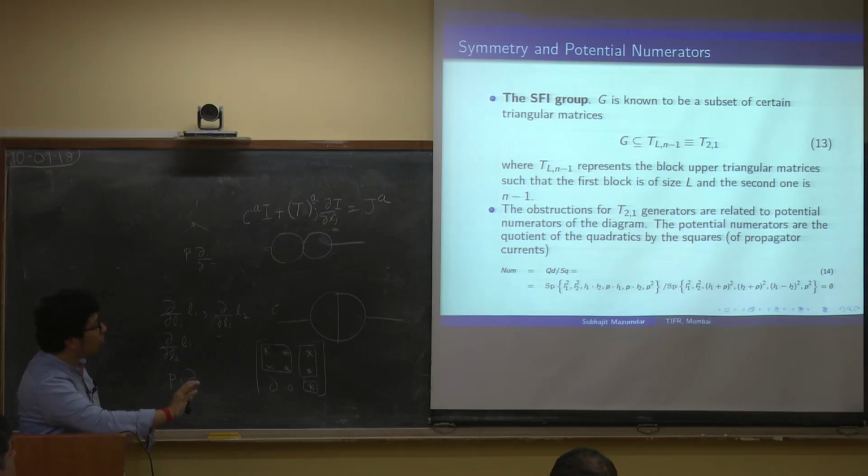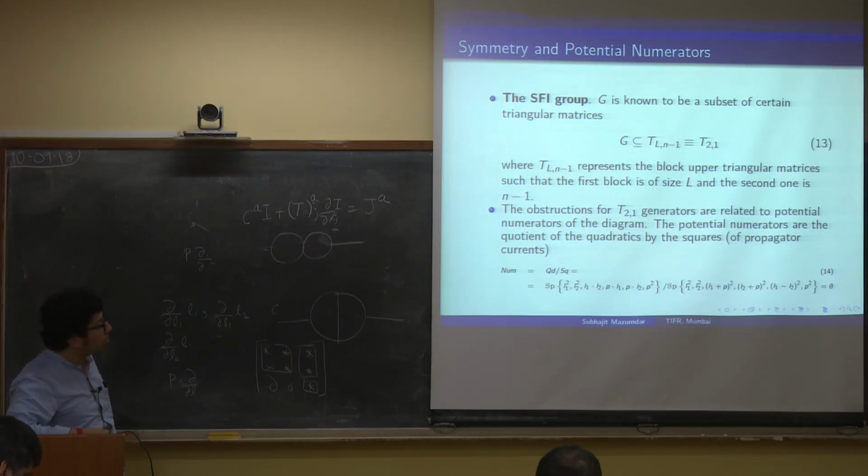No, not completely upper triangular, it is block upper triangular. This is what I am trying to understand. So the 2 cross 2 block can be anything. Yes. In the first 2 cross 2 there is a general block. And then the last row has nothing except the diagonal. Is that the statement?